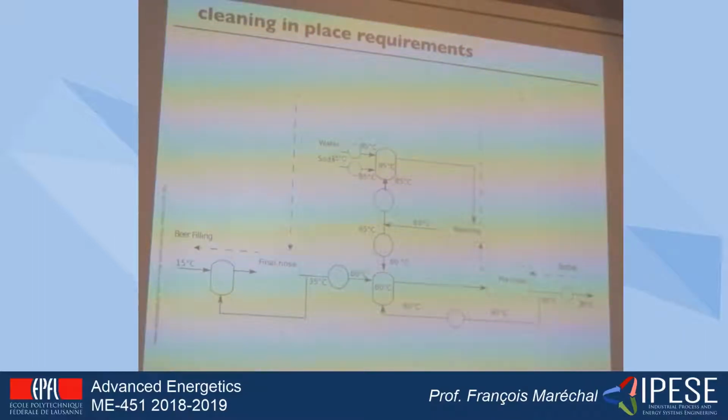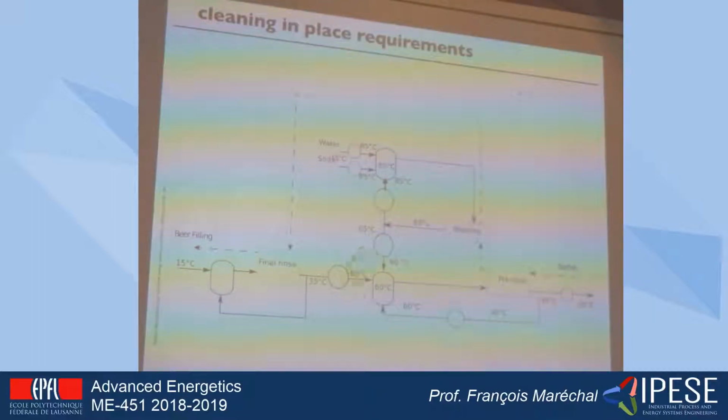Okay? So what you can see here is that there is no need of steam anymore. Everything that needs to enter the system has been heated to the temperature where it is needed. So the water, the soda, is preheated to 85 degrees C. It is going to be cooled down here, delivering the heat, and then being reheated here.